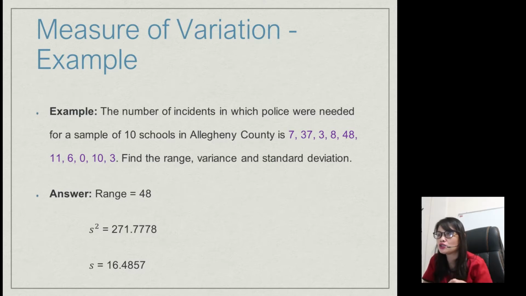First, 7 minus 13.3 squared, plus what's next? 37 minus 13.3 quantity squared, plus 3 minus 13.3 quantity squared, plus 8 minus 13.3 quantity squared, until you reach the last one, 3 minus 13.3 quantity squared, all over n minus 1.